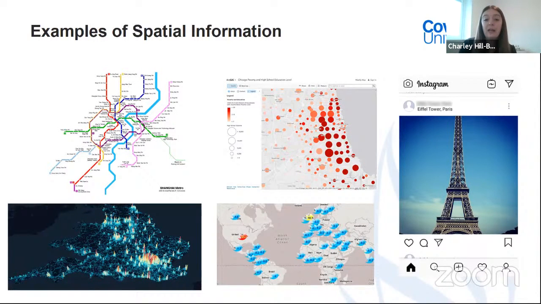The other example here is within Instagram, but what's interesting here is that as you're taking a photo on your phone, whether you're travelling, not that we can travel very much at the moment, if you take a photo with your phone, we've always got a location attributed to that information. Every time you take an image, your phone is recording whereabouts you have taken that image.